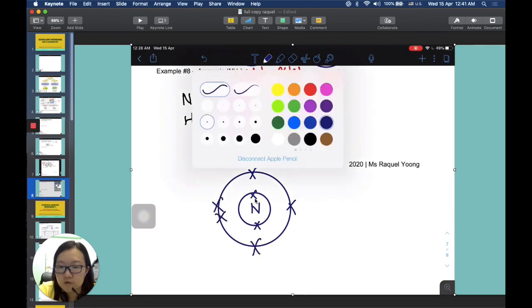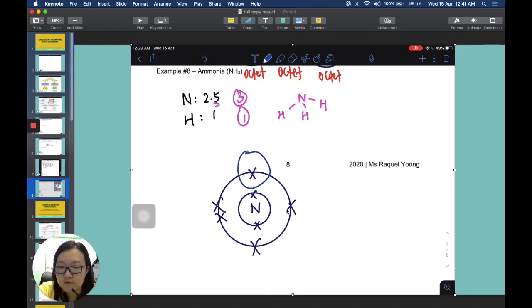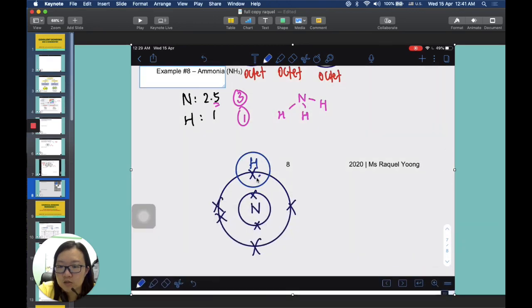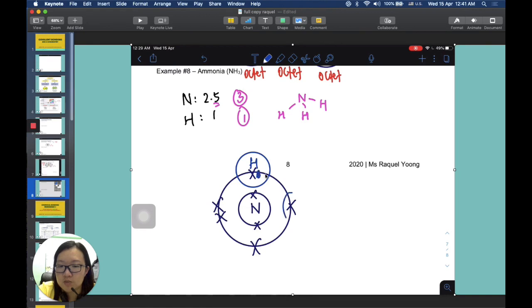So 2.5, 1, 2, 3, 4, 5. Then you see this lone electron, so that's not good. So that's where your hydrogen will come and form the covalent bond with that lone electron. Same thing.